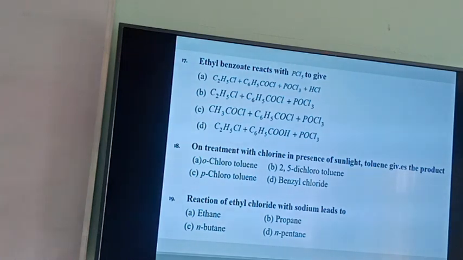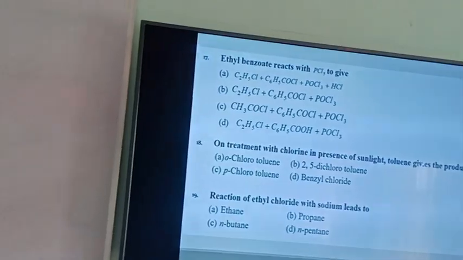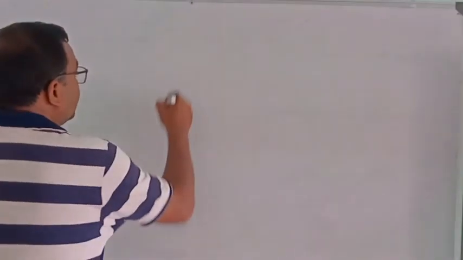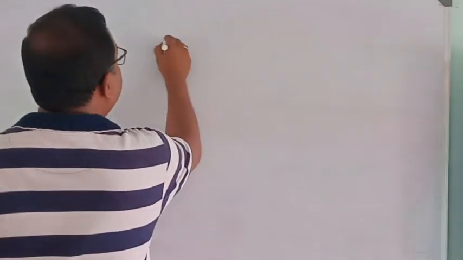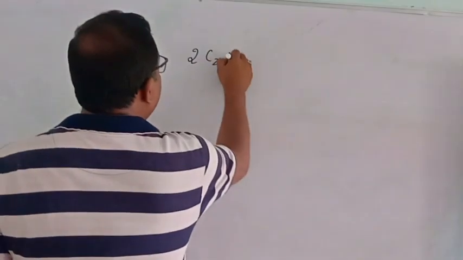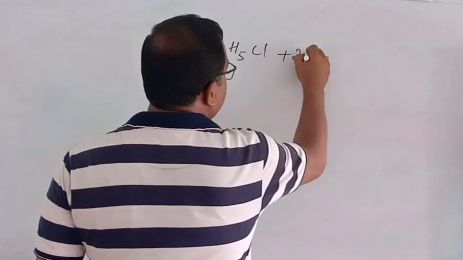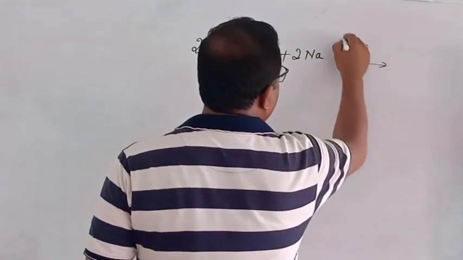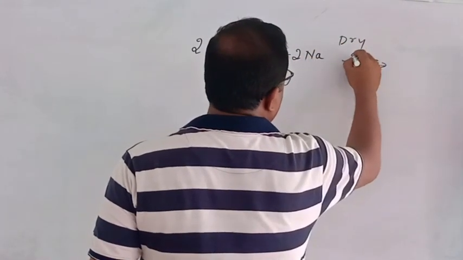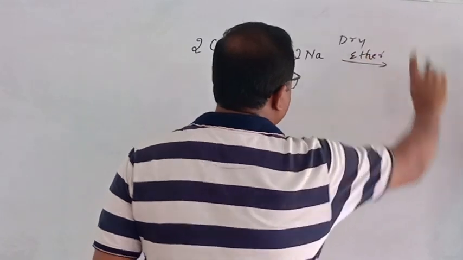So the Wurtz reaction, here it is: the reaction of ethyl chloride, C2H5Cl, when it reacts with sodium in presence of dry ether.